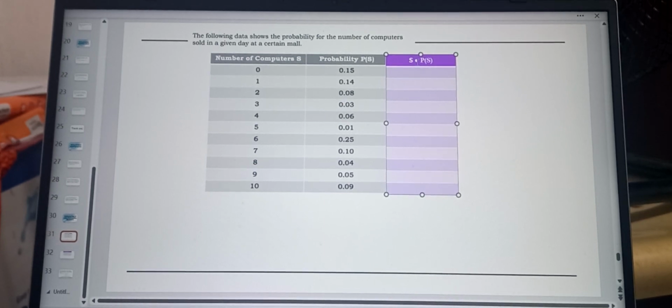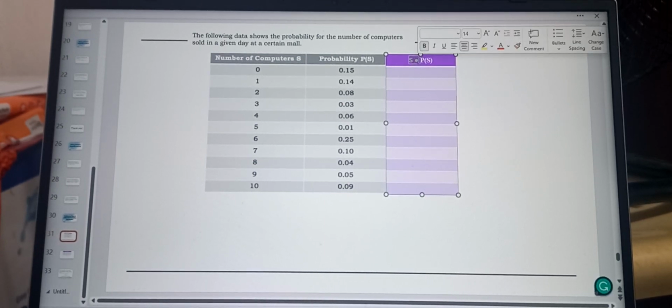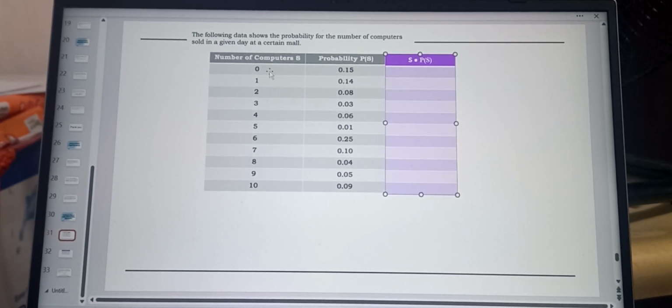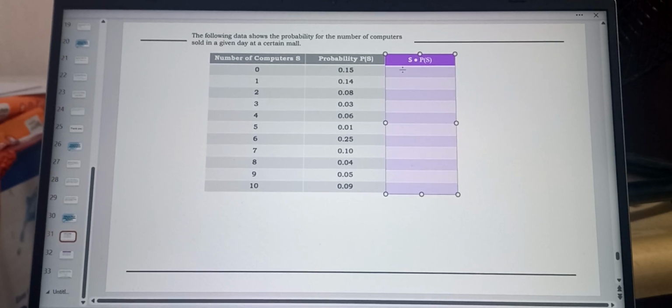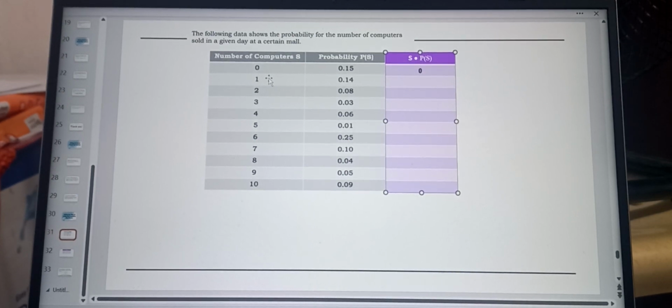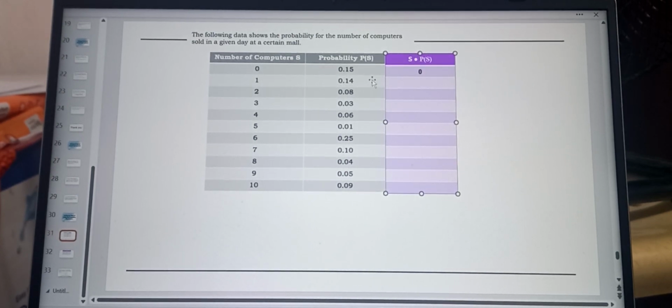Again, this dot means multiplication, or get the product of S, the first column, multiplied by the probability. For example, S is 0, and its corresponding probability is 0.15. So 0 times 0.15 is 0. Next, random variable 1, whose corresponding probability is 0.14.